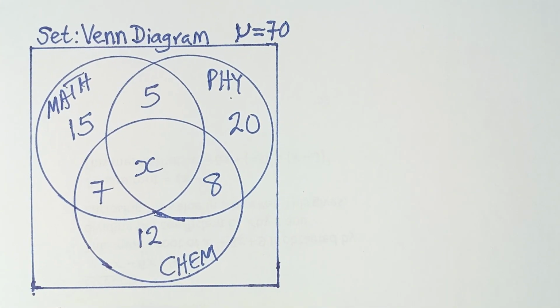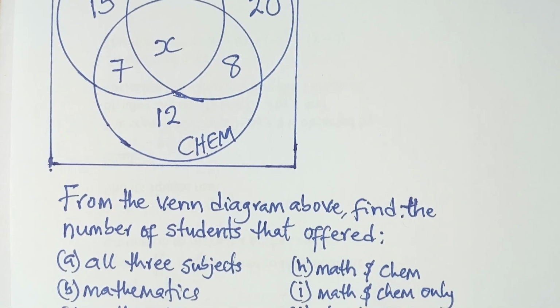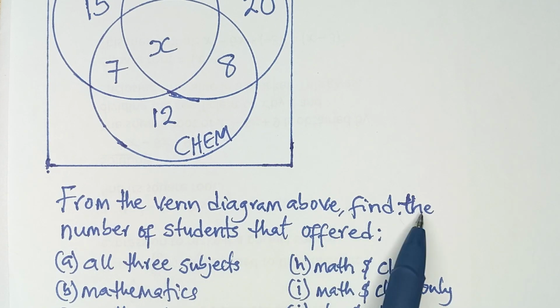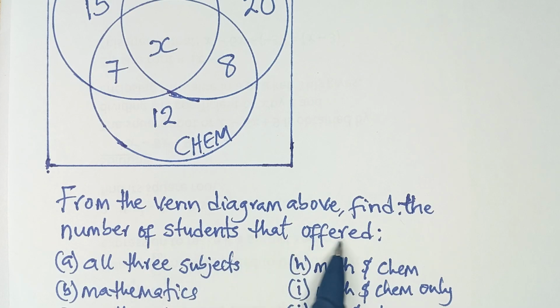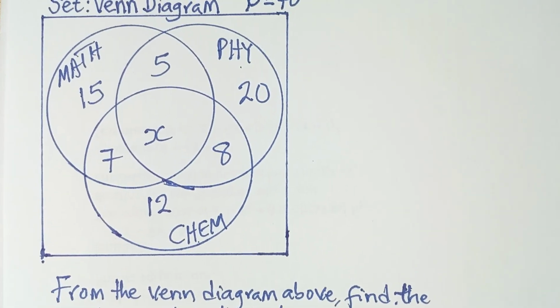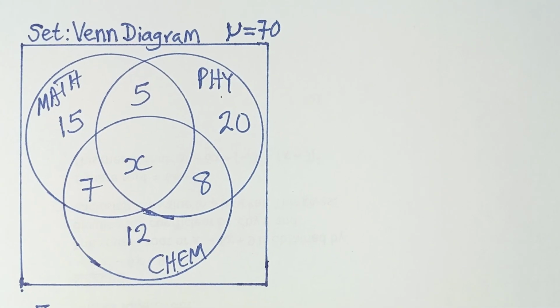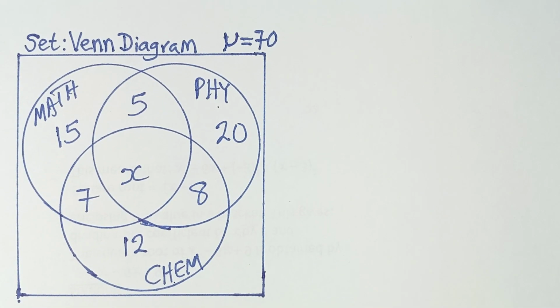This is the diagram here, and the first question says: from the Venn diagram above, find the number of students that offered all three subjects. To get that, we simply need to find the value of x.